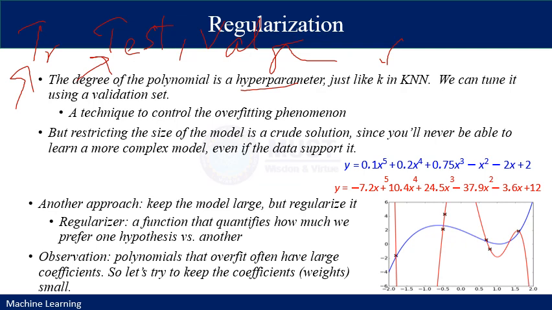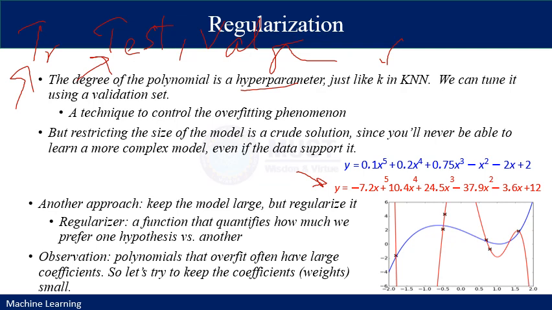So one method of controlling the overfitting is to reduce the complexity of the model. But restricting the size of the model is a crude solution, since you will never be able to learn a more complex model even if the data support it. So as you can see, we have a model represented in the red line with the higher order polynomial.